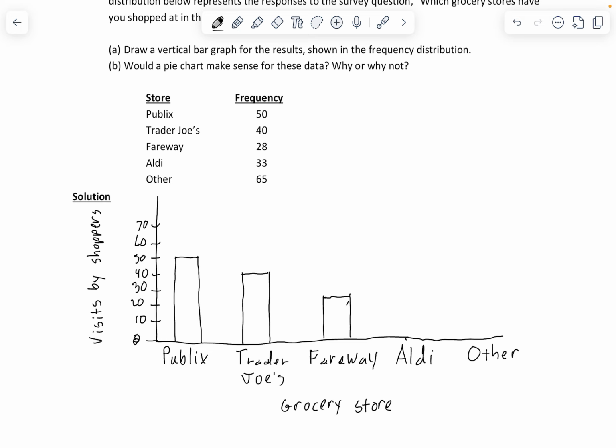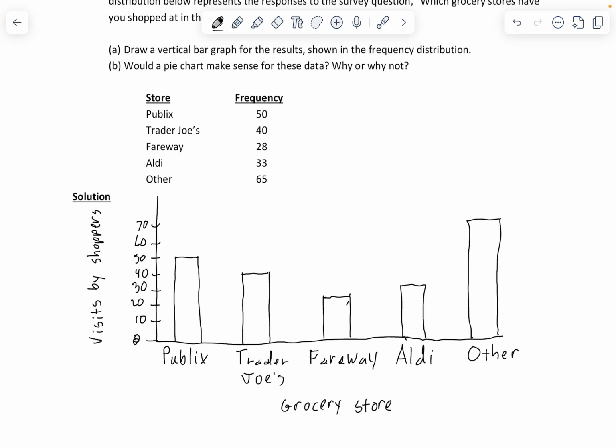Aldi, 33, so just a little bit above 30, a little higher than the Fairway one. And then other is 65, so we'll say that's right about here. So my bar graph would look something like this.